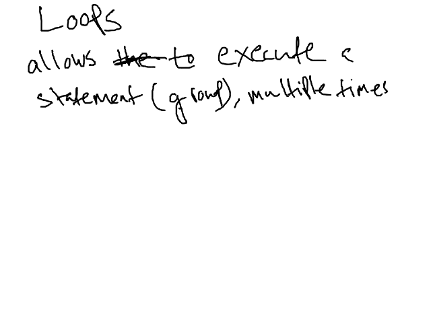Multiple times, meaning that the program will go inside the statement and it will execute it more than one time until the condition is false. Now let's have a look at a basic structure for this.